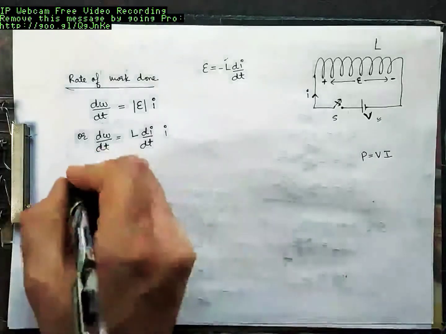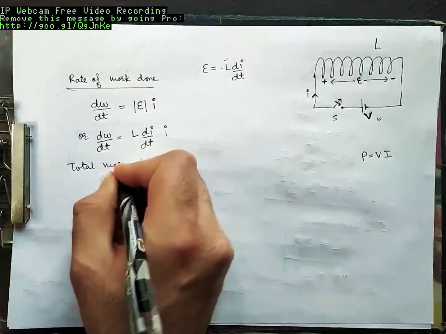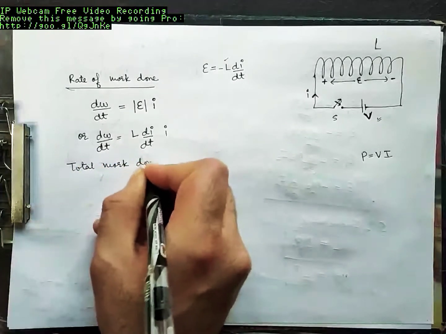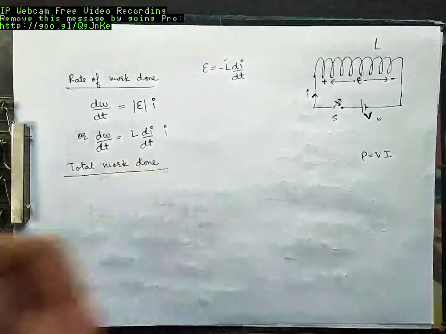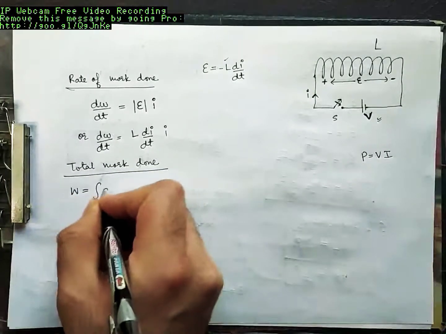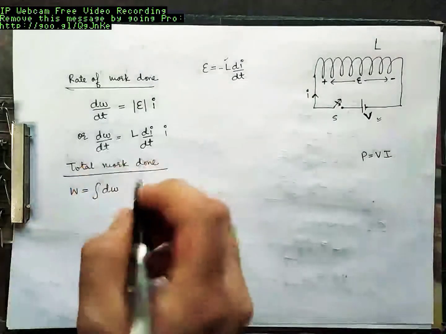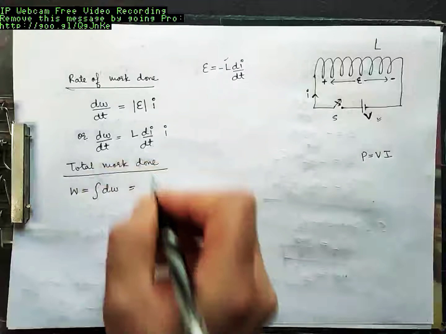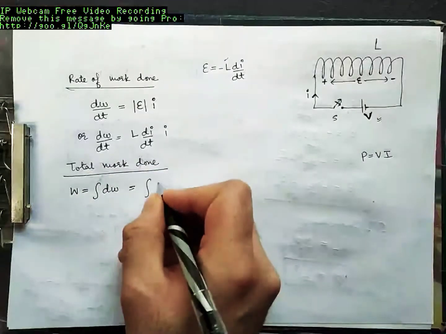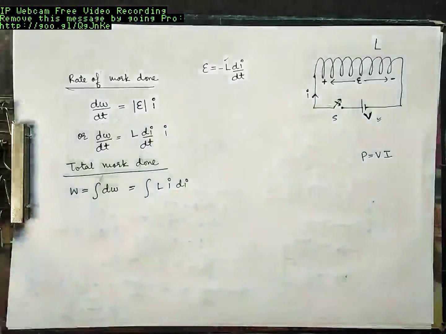If we want to calculate total work done, W will be the integral of dW, which is the integration of L I di.